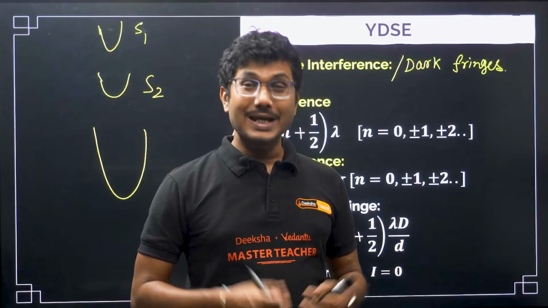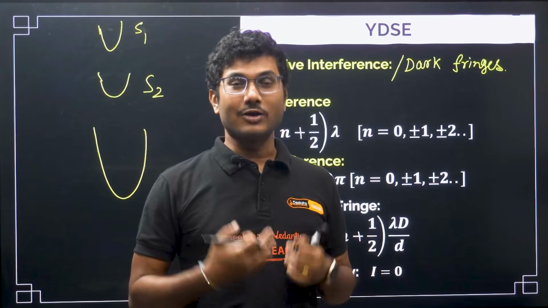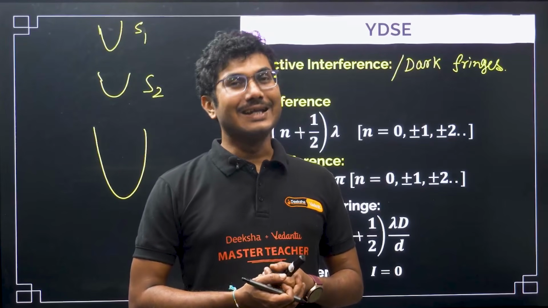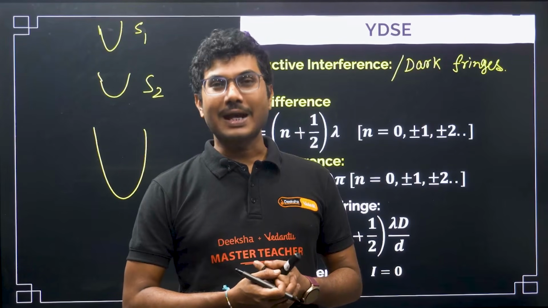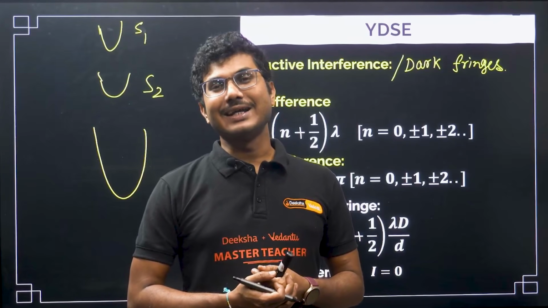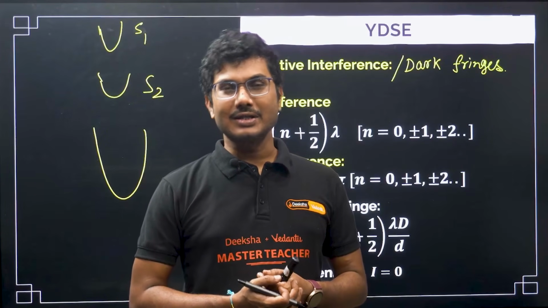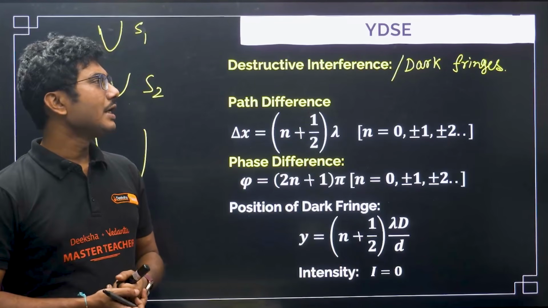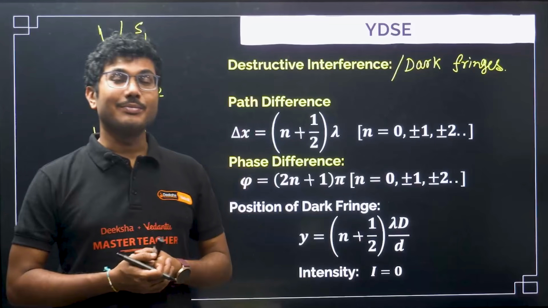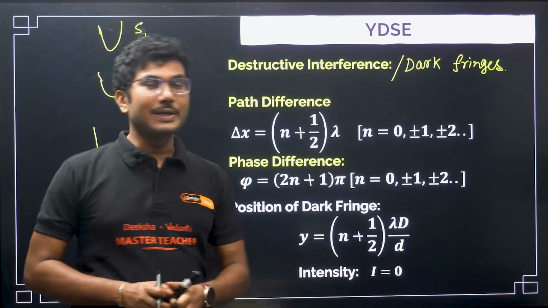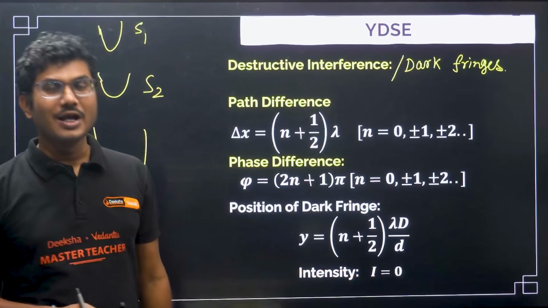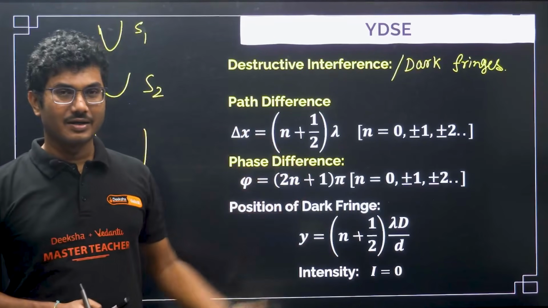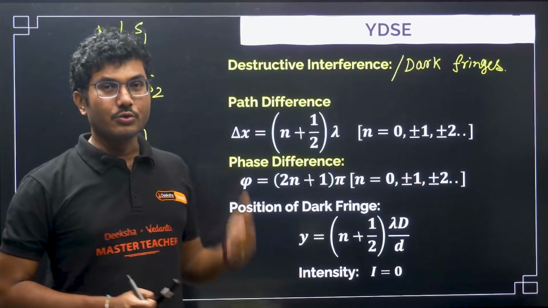In normal human logic, it might seem that light is getting created at interference maxima, whereas light is getting destroyed at destructive interference. Because intensity becomes 0, it appears light is destroyed, whereas because the intensity is 4 times, light is created, right? But that is not true.